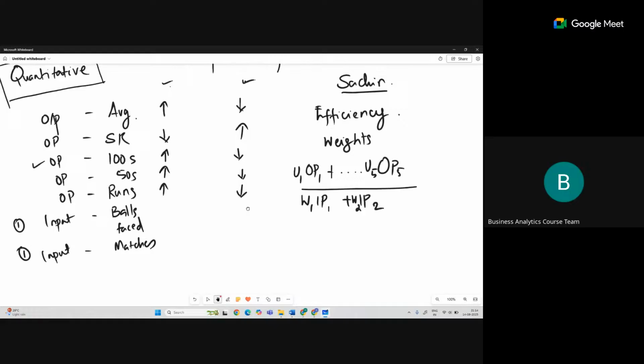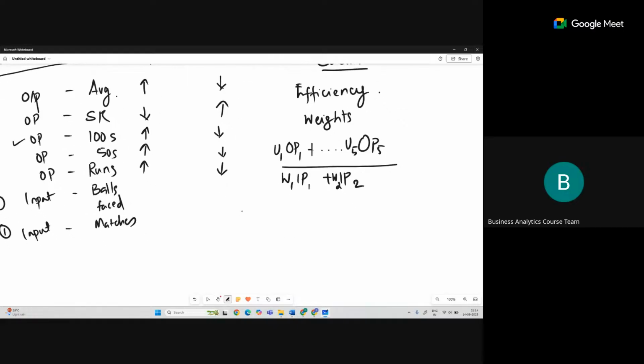Here we are solving a linear programming problem where the decision variables are the weights: U1, U2, all the way till U5, and W1 and W2. Sachin is going to intelligently give weightage to each and every output and each and every input with the objective of maximizing the efficiency.